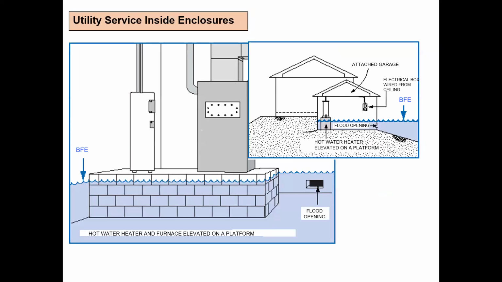It's also important to elevate utilities. So machinery and equipment is required to be at least above the base flood elevation, and that's the minimum requirement there. There are different ways of elevating them, such as a platform or adhering to a wall, but they do have to be elevated.